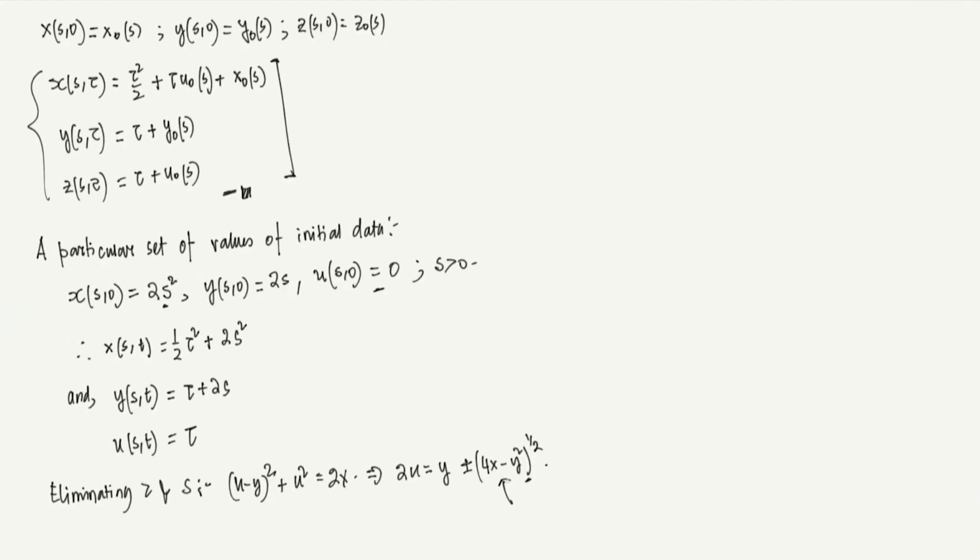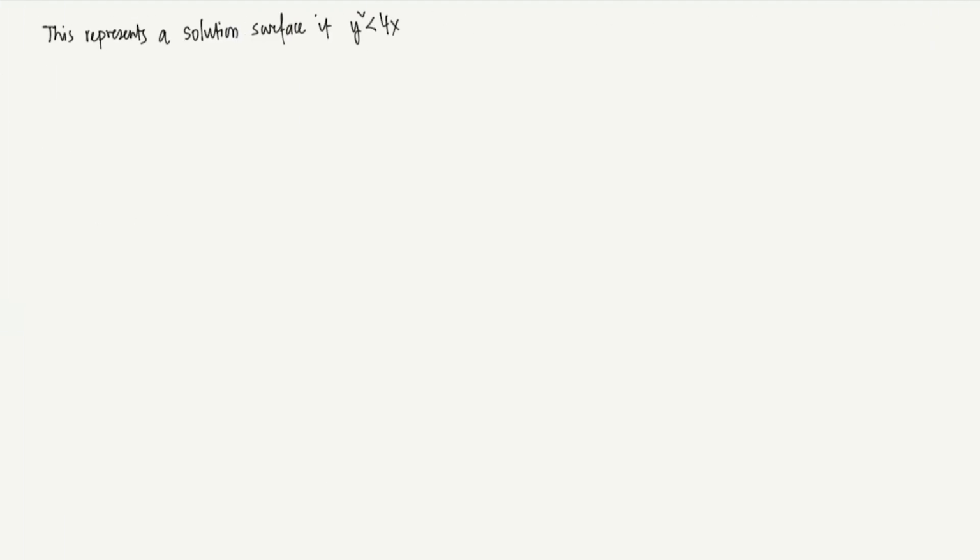So this formula represents a surface, the solution surface, if y square is less than 4x. So basically if 4x minus y square is positive, then only it represents the solution surface.